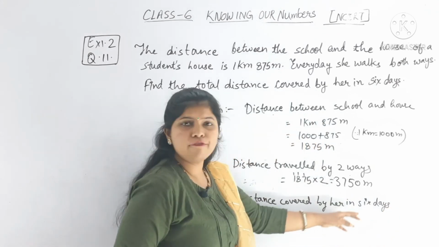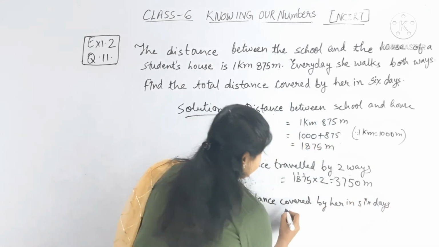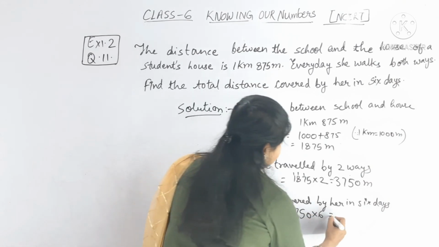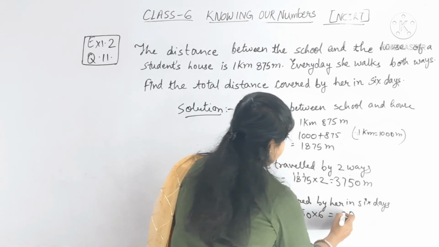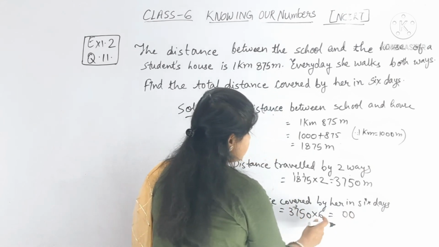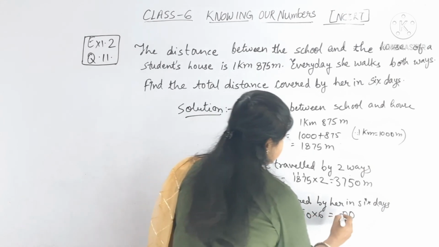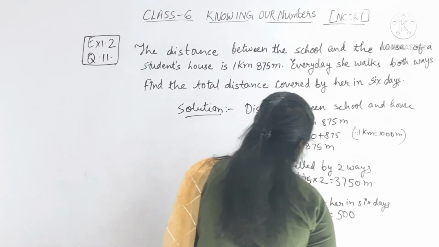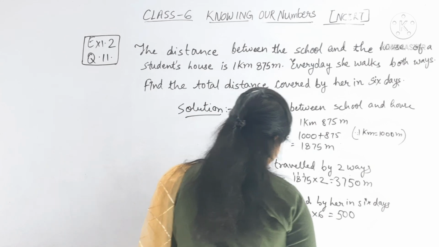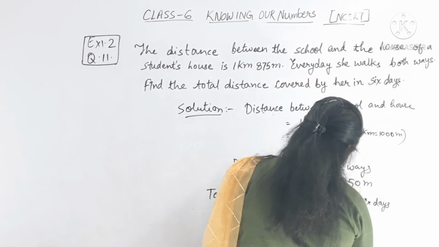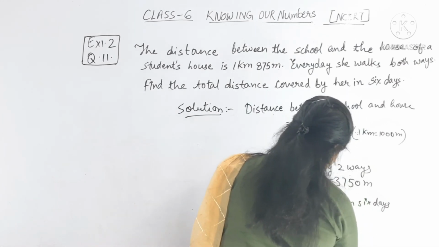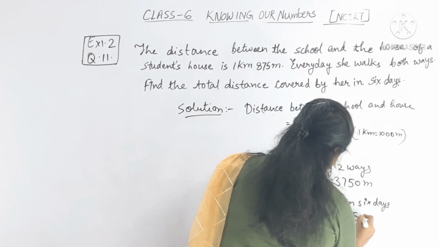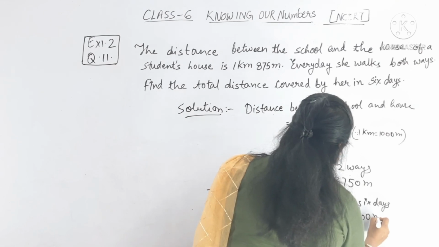For 6 days we have to multiply with this number, that is 3750 into 6. 6 zeros are 0, 6 5s are 30, 3 is balance, 6 7s are 42, plus 3 is 45, 4 is balance, 6 3s are 18, 18 plus 4 will be 22. 22,500 meter.